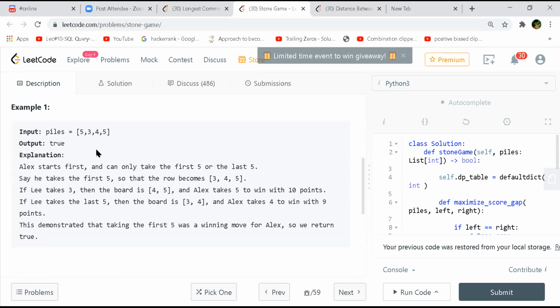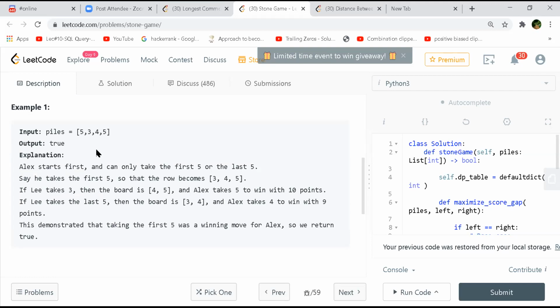Greedy looks like it might work, but I don't know whether Greedy will pass all the test cases, because you have to explore each and every possibility. You'll always start from the extreme ends, and pick one of them for Alex. You'll have to try both of them, one by one.